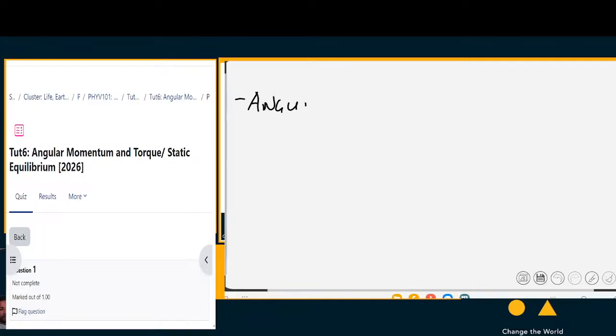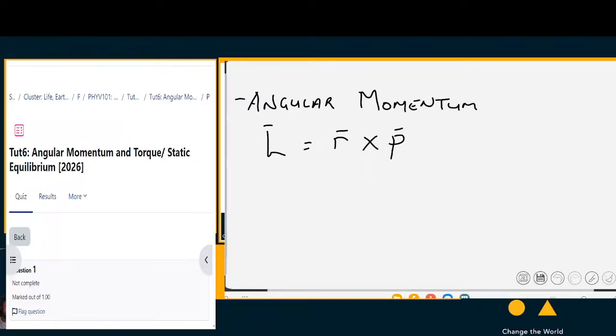Angular momentum is denoted by L, and it is the vector product of the position of the particle with its linear momentum.